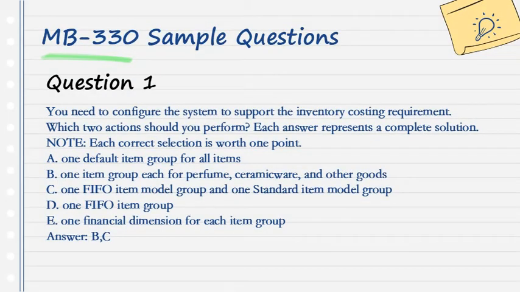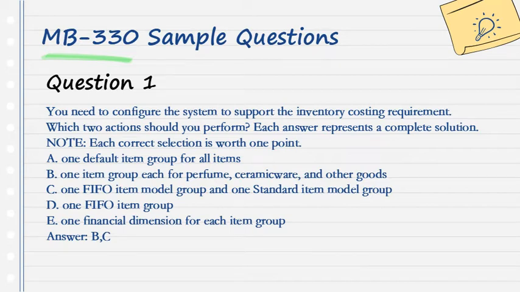Question 1. You need to configure the system to support the inventory costing requirement. Which two actions should you perform? Each answer represents a complete solution. Note: each correct selection is worth 1 point. A. 1 default item group for all items.